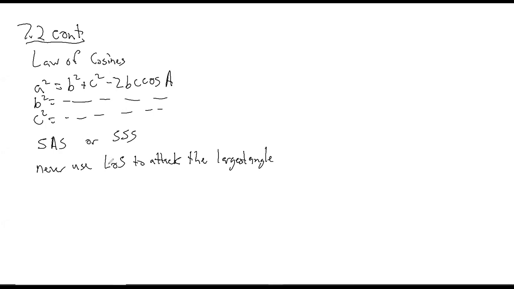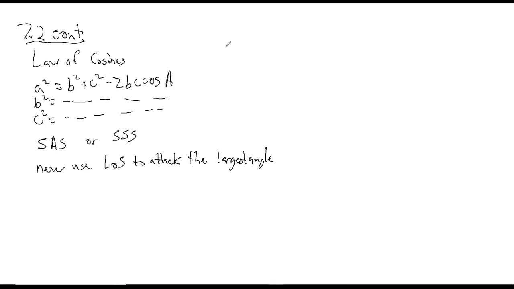It can only find angles from negative 90 to positive 90, and we're not going to find any negative angles in these either. So that's when you absolutely have to use the law of cosines if you're trying to find the biggest angle, or 180 minus the first and second.